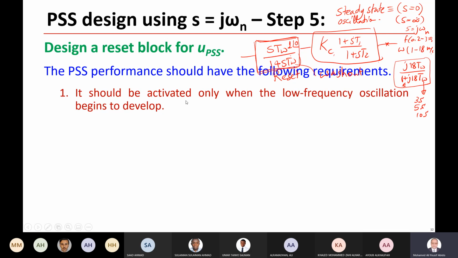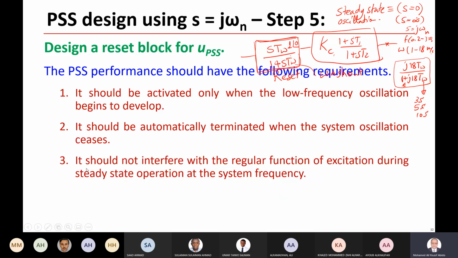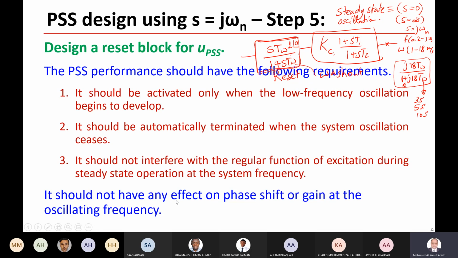The function here should be activated only when low frequency oscillation begins to develop. It should be automatically terminated when the system oscillation ceases. It shouldn't interfere with the regular function of the excitation during the steady state operation at the system frequency. These are the requirements of that block. It shouldn't have any effect on phase shift or gain at the oscillating frequency.